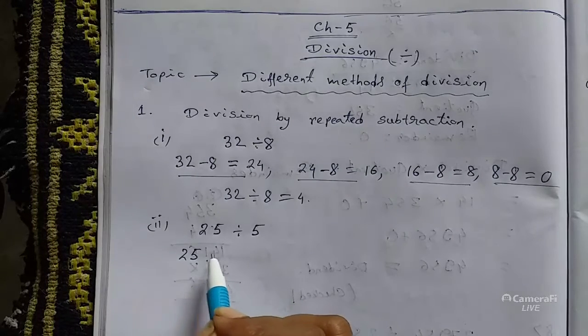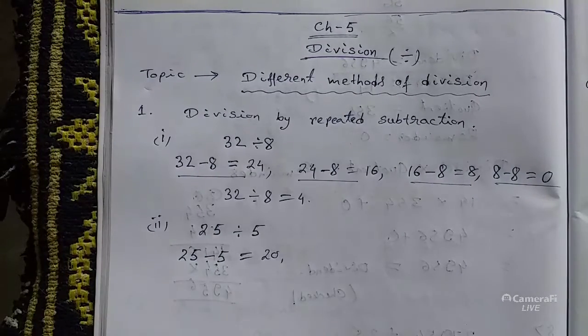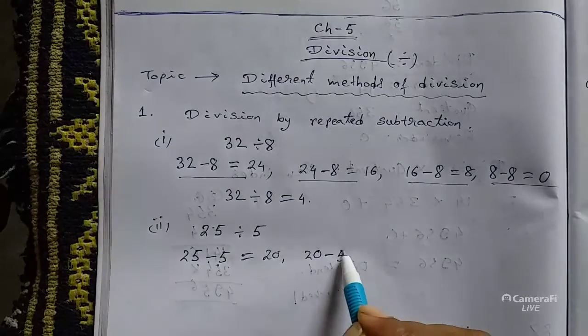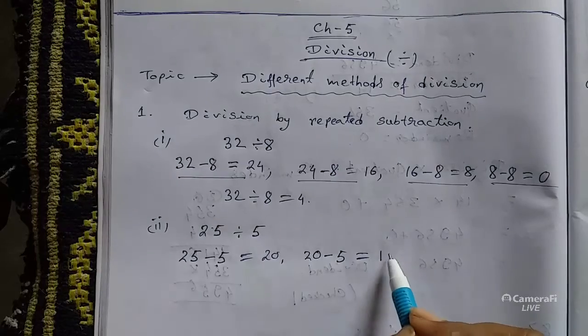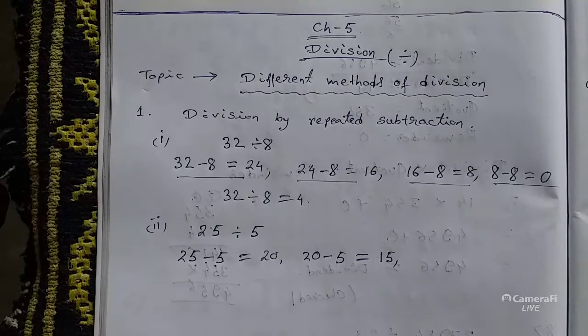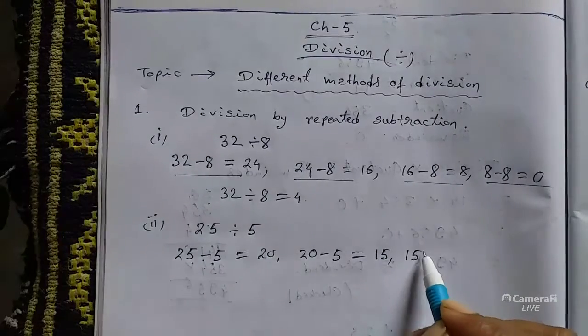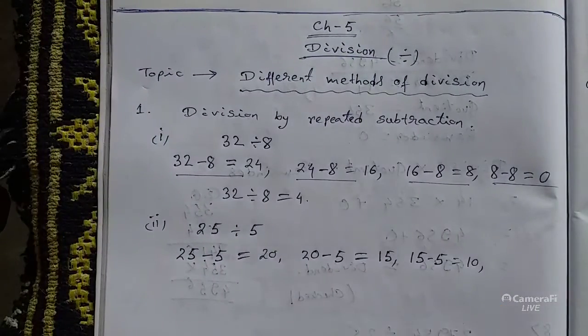Let us see. 25 minus 5, we get 20. Again take out 5 from the remaining. 20 minus 5 equals 15. Again take out 5 from the remaining. 15 minus 5 equals 10.